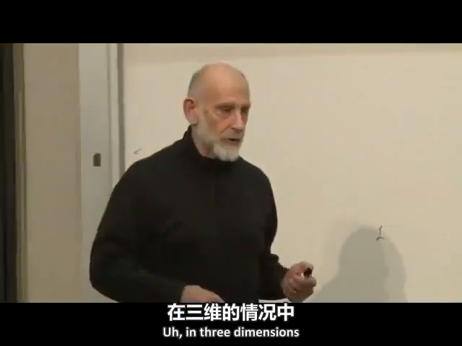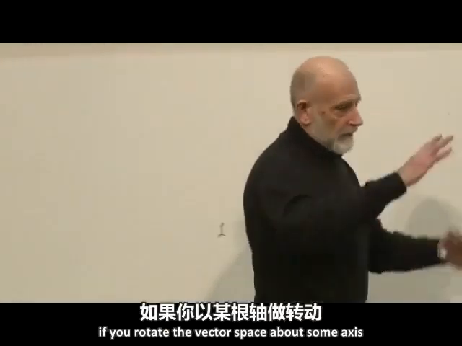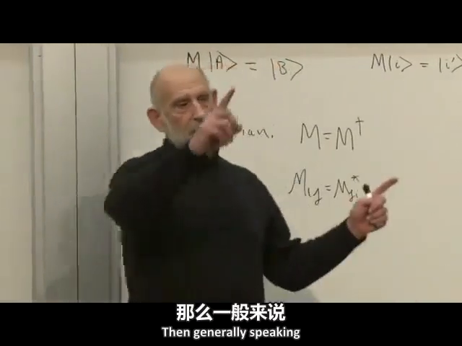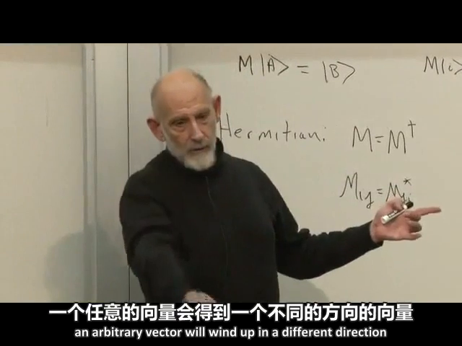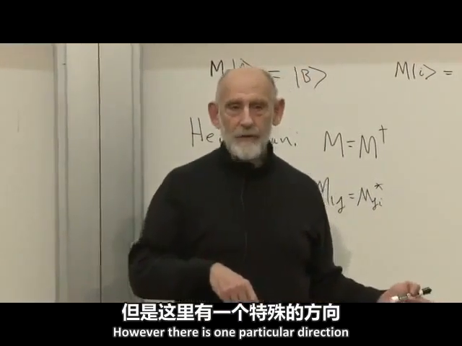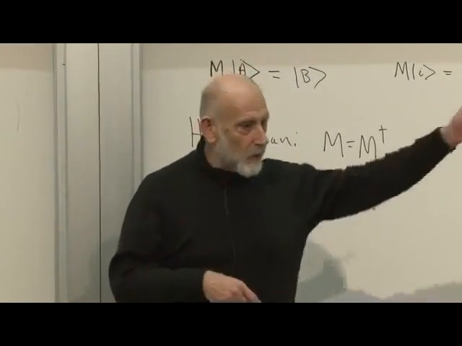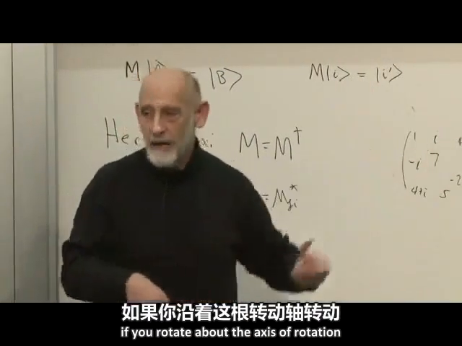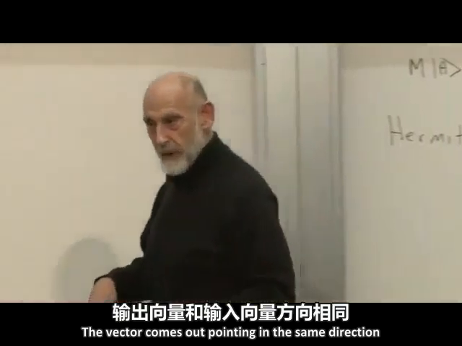In 3 dimensions, if you rotate the vector space about some axis, then generally speaking, an arbitrary vector will wind up in a different direction. However, there is one particular direction for which that doesn't happen, namely along the axis of rotation. If you rotate about the axis of rotation, the vector comes out pointing in the same direction.